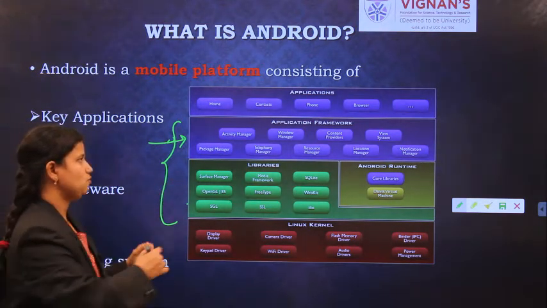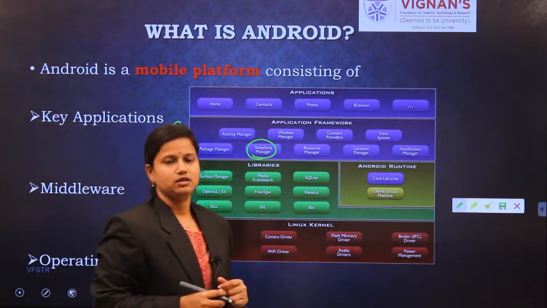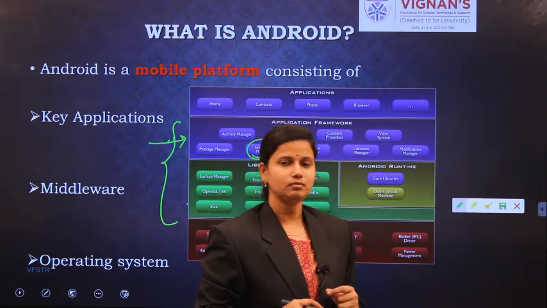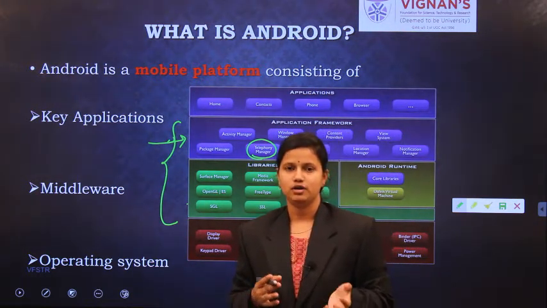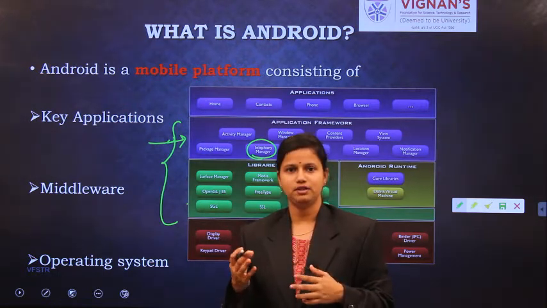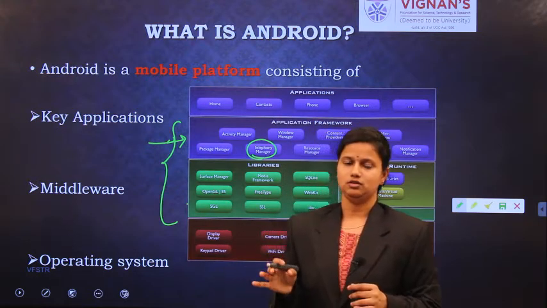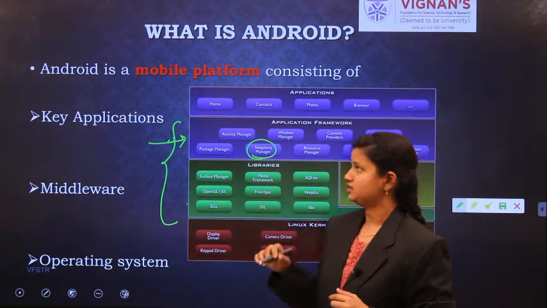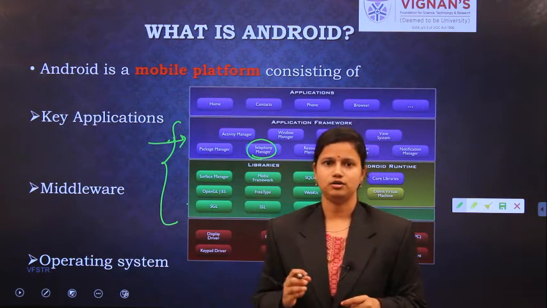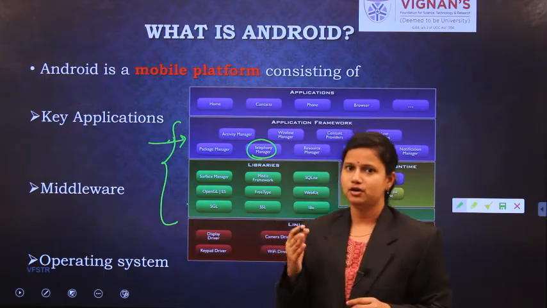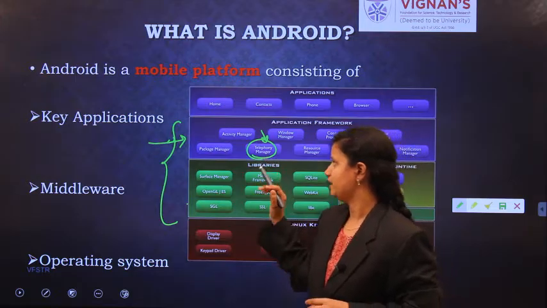Suppose you are developing a new application, like WhatsApp, with calling features or video calls, where a phone number is shared or one person calls another. That is the responsibility of the telephone manager.